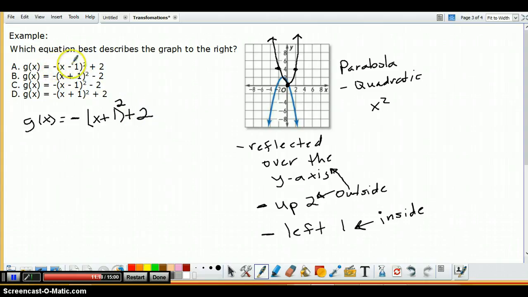So negative x minus, not good. Negative x plus 1 squared, good. Minus 2, not good. Negative x minus 1, not good. So it looks like it's D. Negative x plus 1 squared plus 2. D is the correct answer for this.